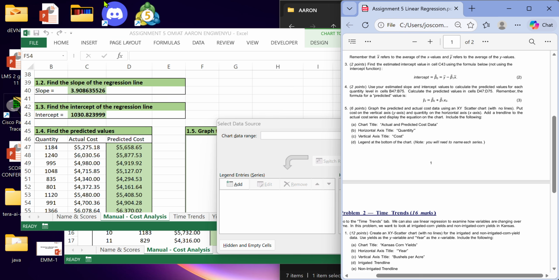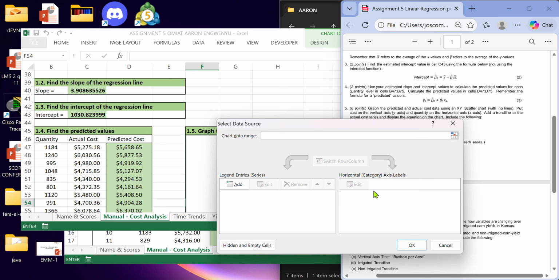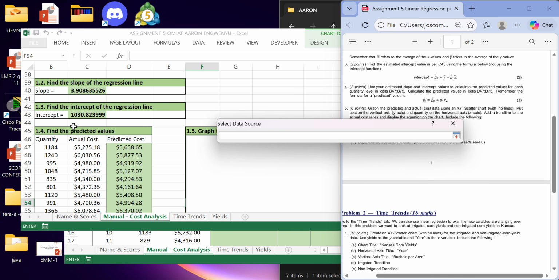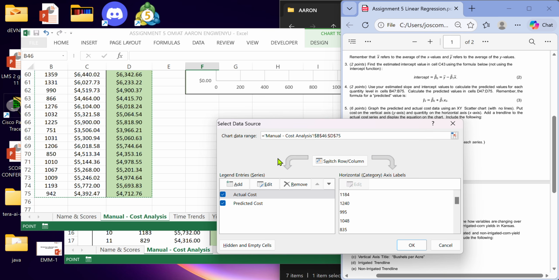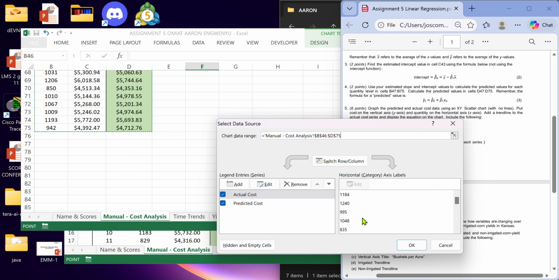Is this a mistake? Okay, let's put quantity on the horizontal axis. The x-axis, the horizontal x-axis. This is the horizontal. Okay, select data range. We shall use that table.